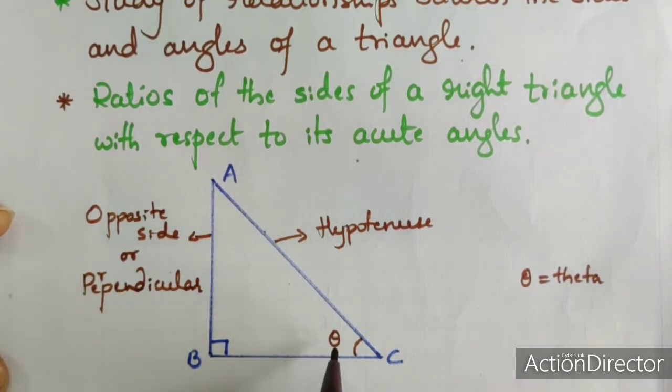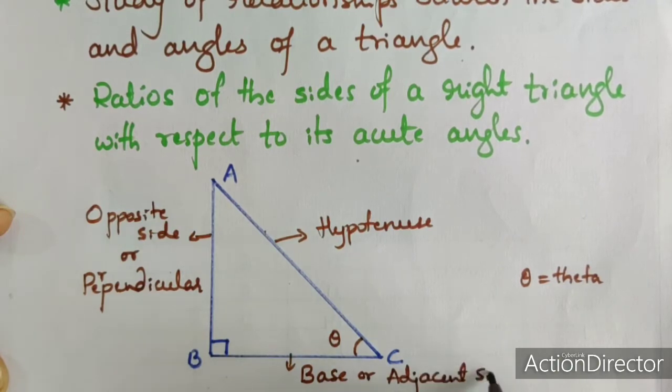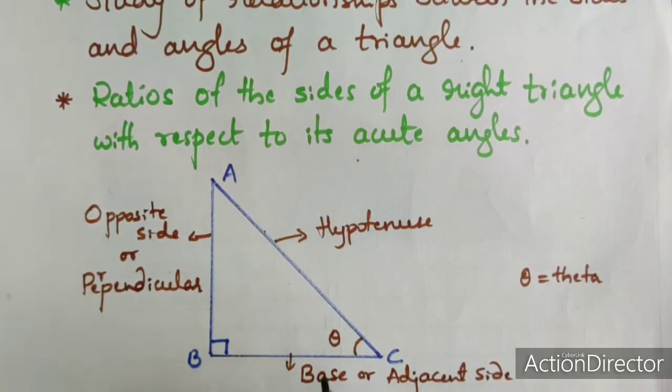So is it clear to you? The side opposite to the given angle theta is the perpendicular or opposite side. The remaining side is called either the base or adjacent side.